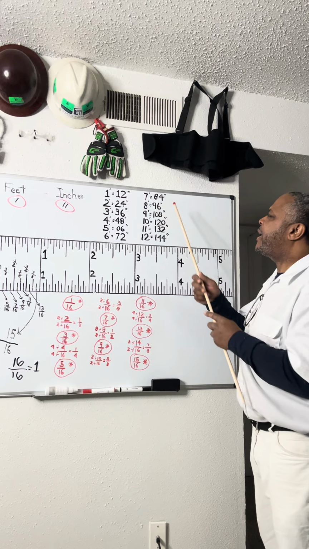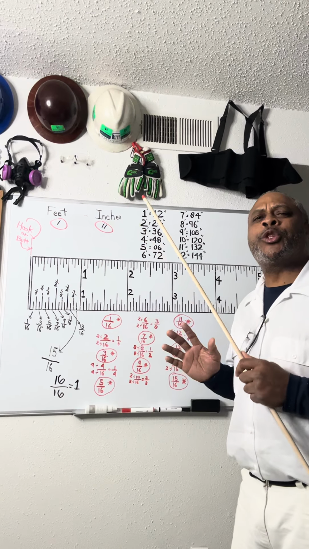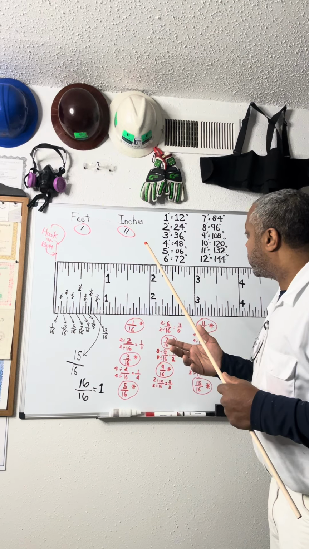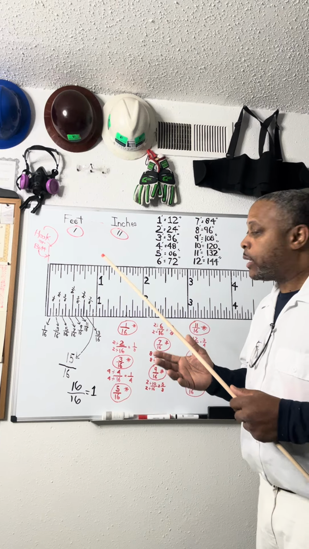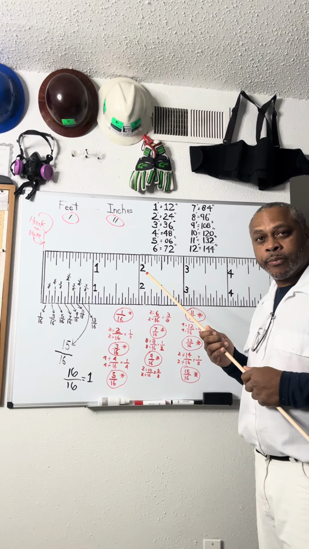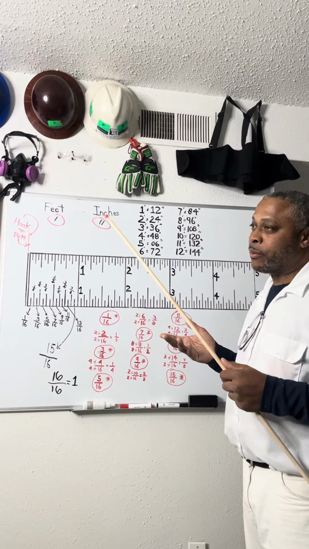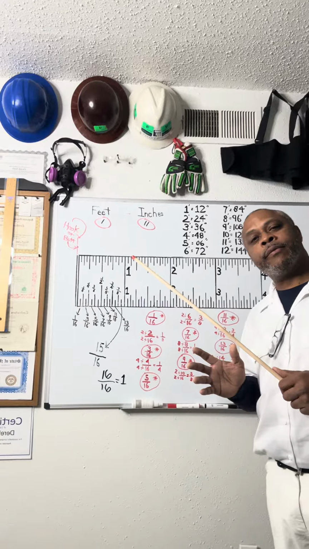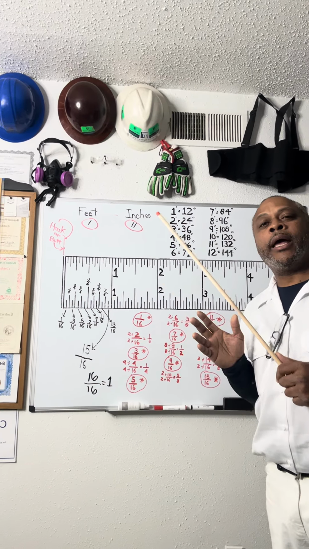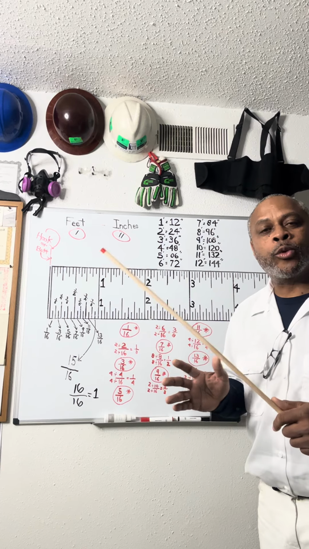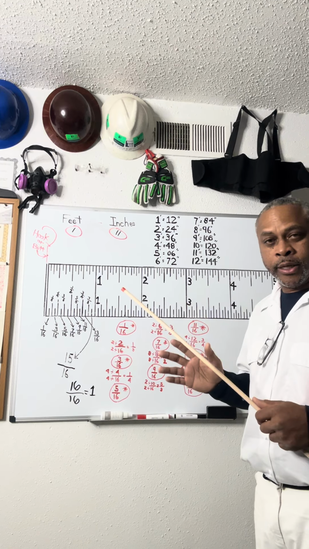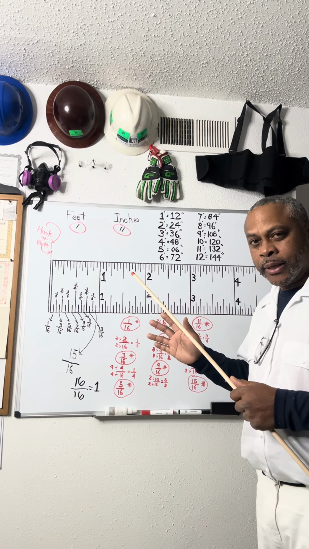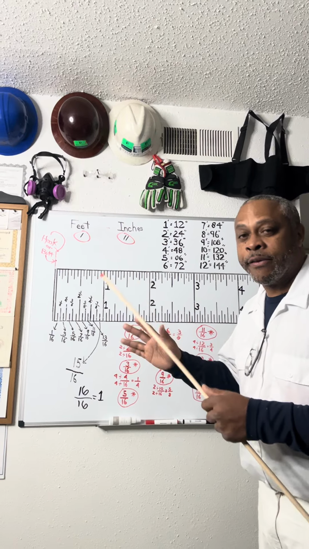So if we take 96 inches and we take away 3/8 of an inch off of 96 inches, we should have 7'11" and 5/8, because 8 feet is 96 inches. You take 3/8 off of 96 inches, you're going to have 7 feet, 11 inches, and 5/8.